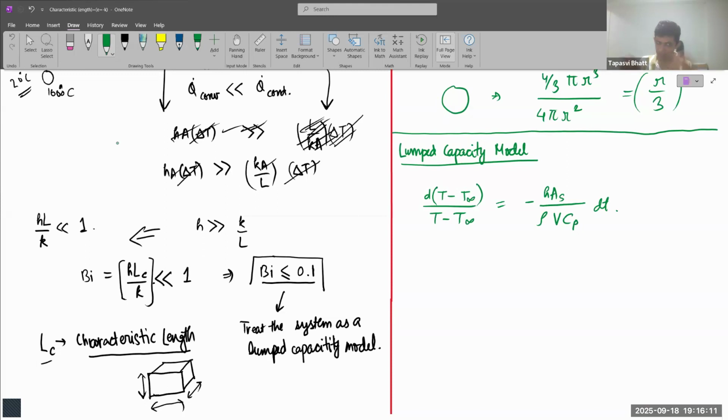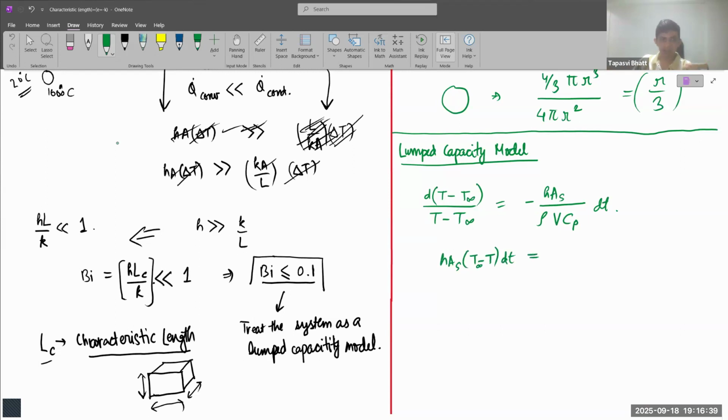This is the equation which comes by when you equate the heat transfer which is happening into the body in a small time dt with the increase in the energy of the body. You can say that h times AS times T infinity minus T is transferred into the body in a small time dt.